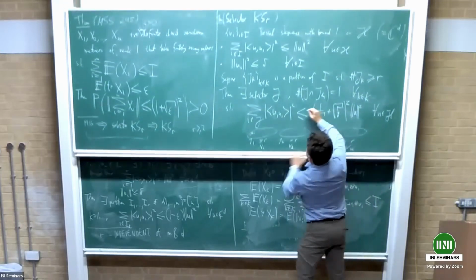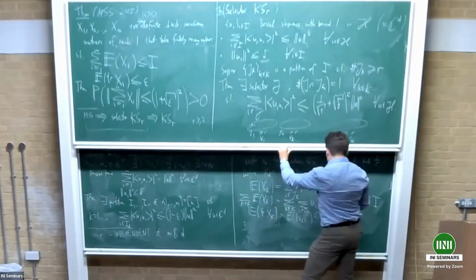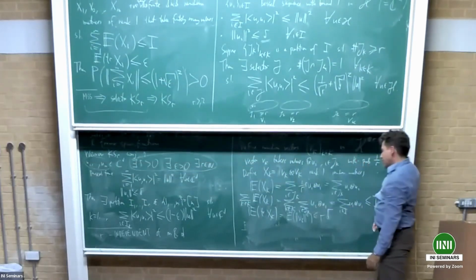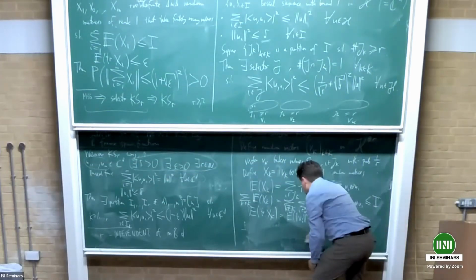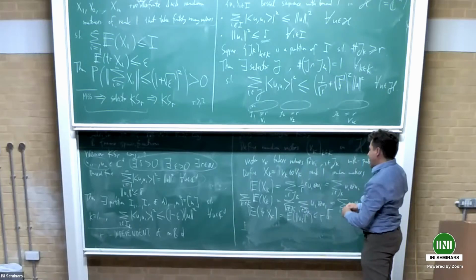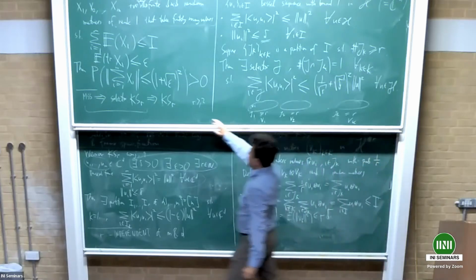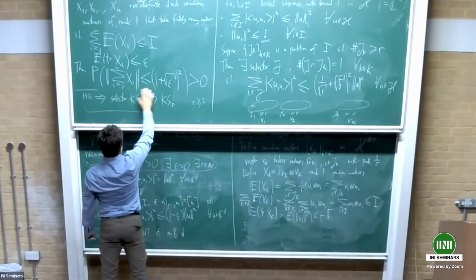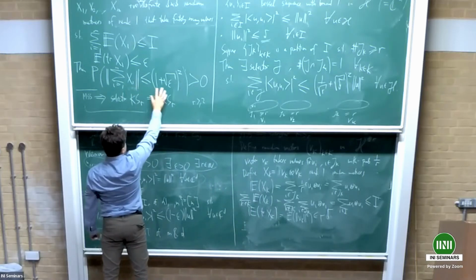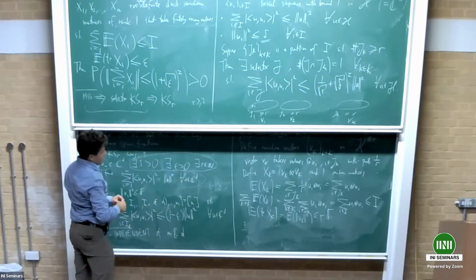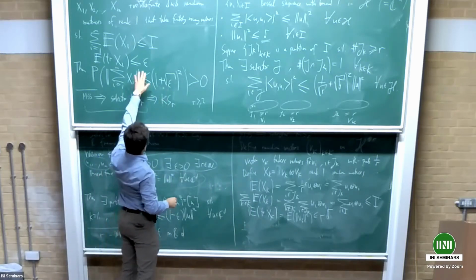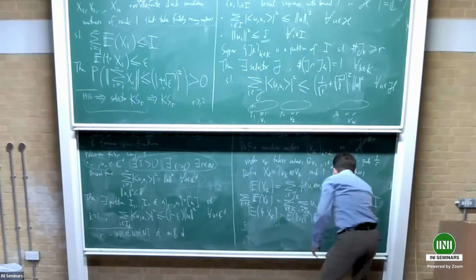That's the assumption. So that will be R times delta. So then we will know that there is an event where the norm of this is less than 1 plus, but what is our epsilon? Our epsilon is actually that, right?